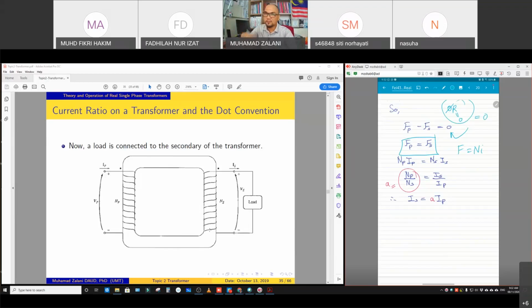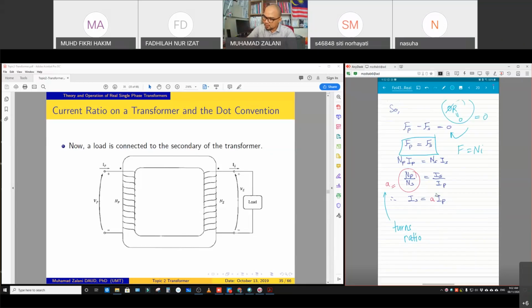Then we can further rearrange this to consider what we call the turns ratio. Also, we have found this in our previous lesson as well. When we rearrange this equation, we get the turns ratio in terms of Np divided by Ns, then we get Is over Ip.